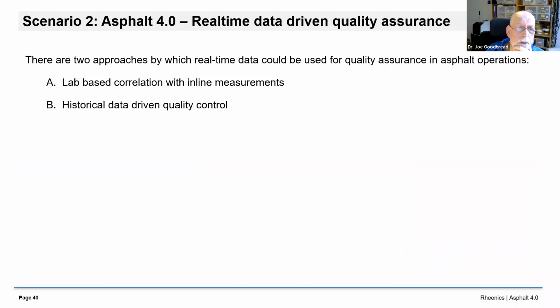So another scenario, real-time data-driven quality assurance, enables two important lines of development. The first is the correlation of inline measurements with sampling and laboratory measurement. Asphalts and its blends, emulsions, and other products are complex materials that give different measurements under different measuring methods used by different types of instruments.